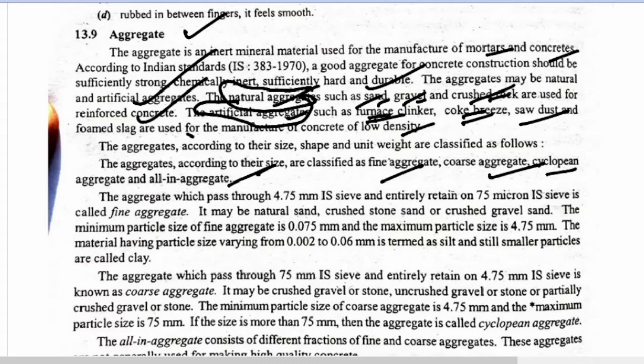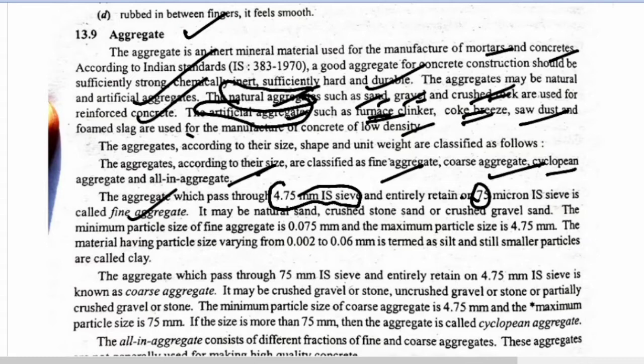The aggregate which passes through 4.75 mm IS sieve and is entirely retained on 75 micron IS sieve is called fine aggregate. Fine aggregate क्या है?